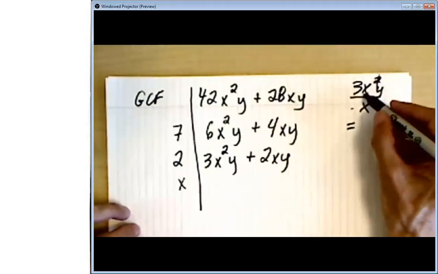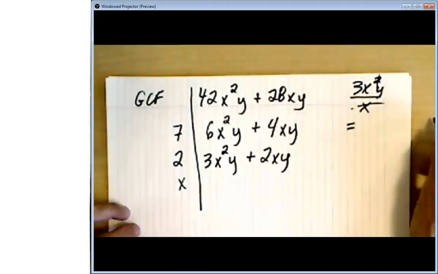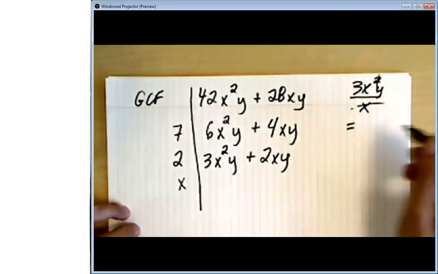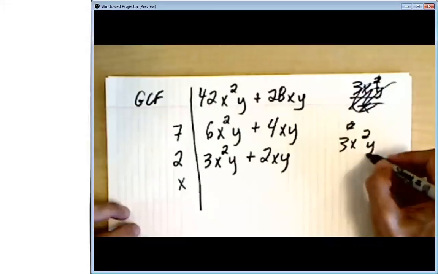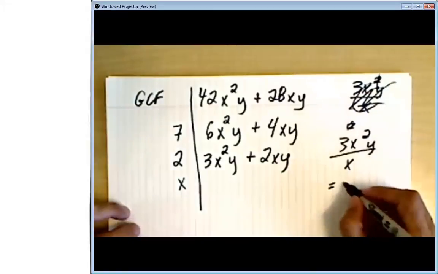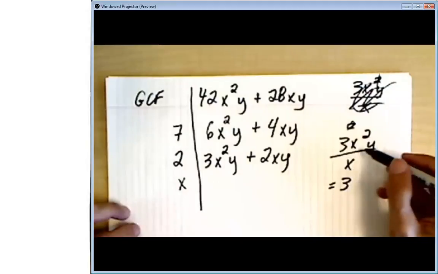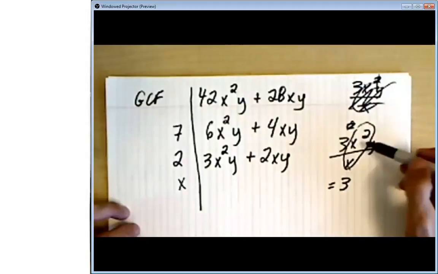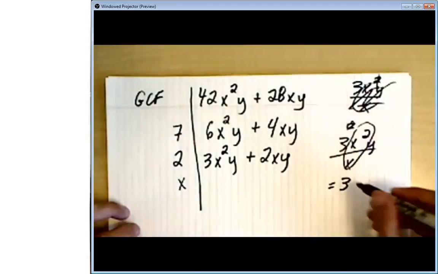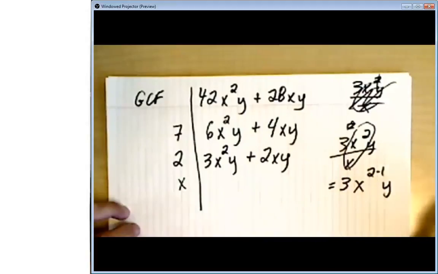These are exponents now, just like we were working on a couple of sheets back. x's and x's, right? That's a 2, that's a 1. What happens? Well, we get x, but 2 minus 1. That gives you x, right?